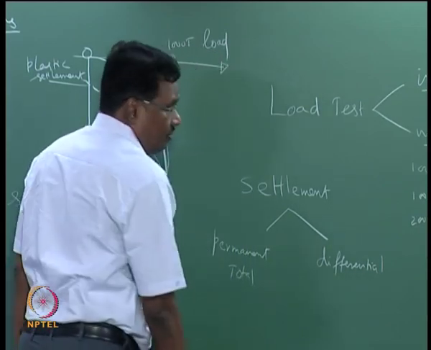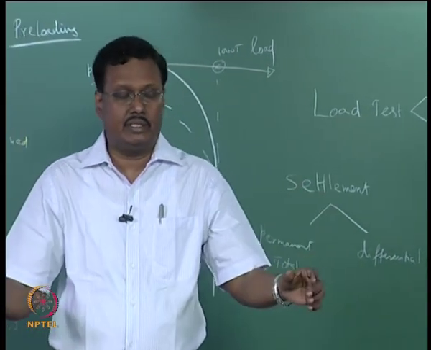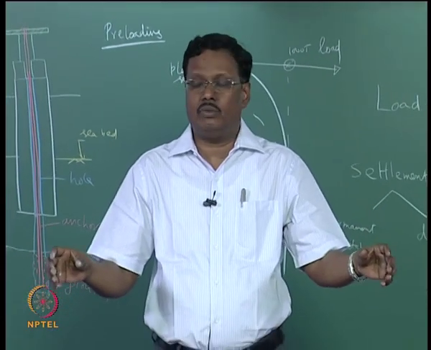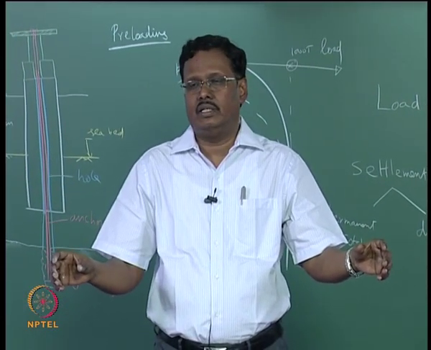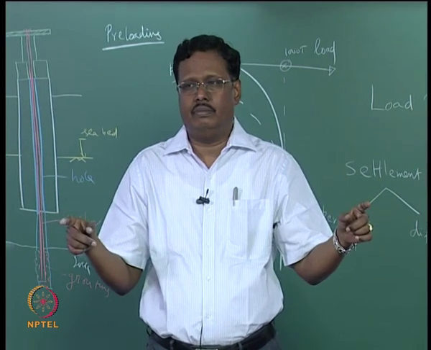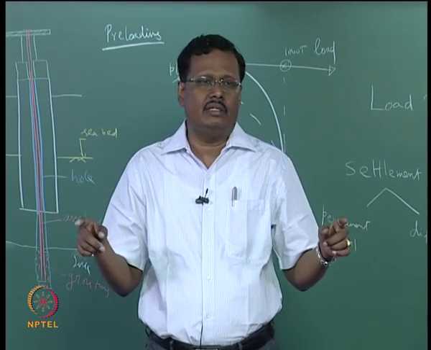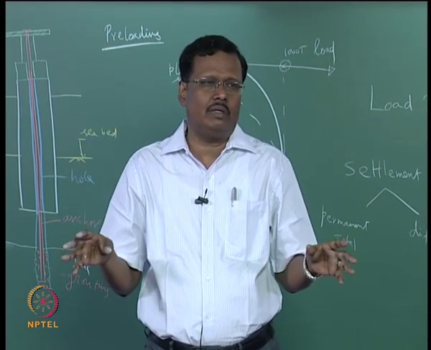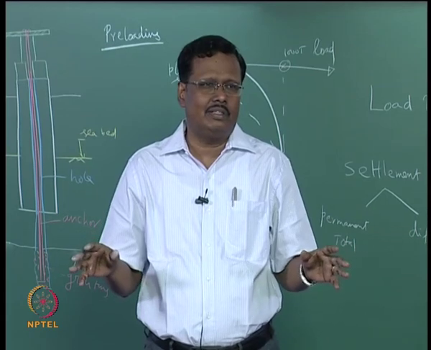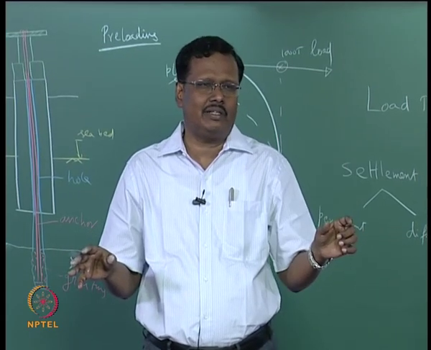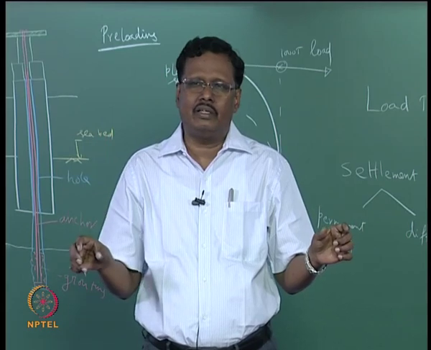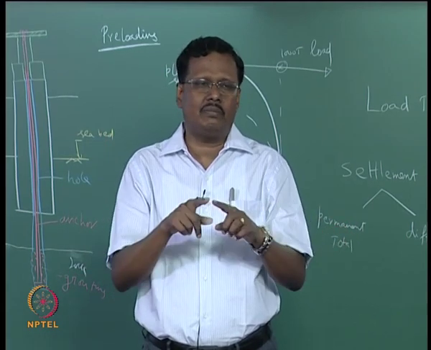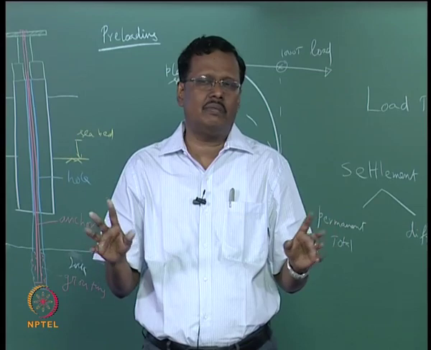Differential means when you have two piles at these two ends, this pile is settling more and this pile is settling less; the difference between them is very critical. Suppose both the piles settle 120 millimeter, there is no problem. Suppose one pile settles by 10 millimeter and another pile settles by 100 millimeters, the differential settlement is 90 millimeter, which is not permitted.